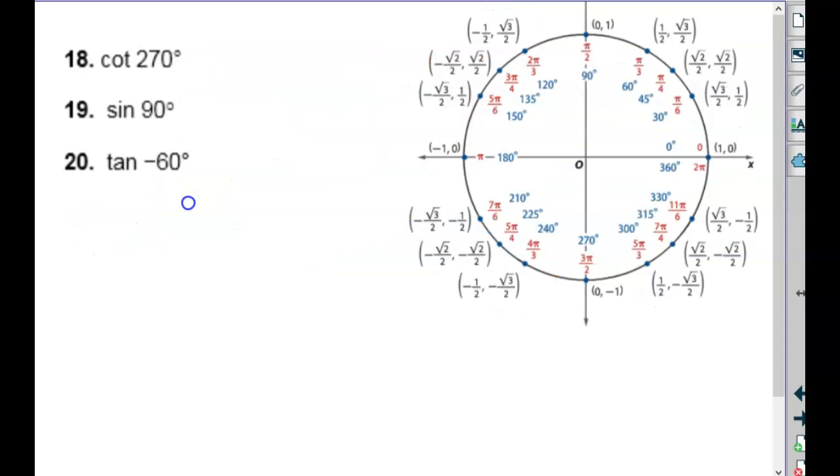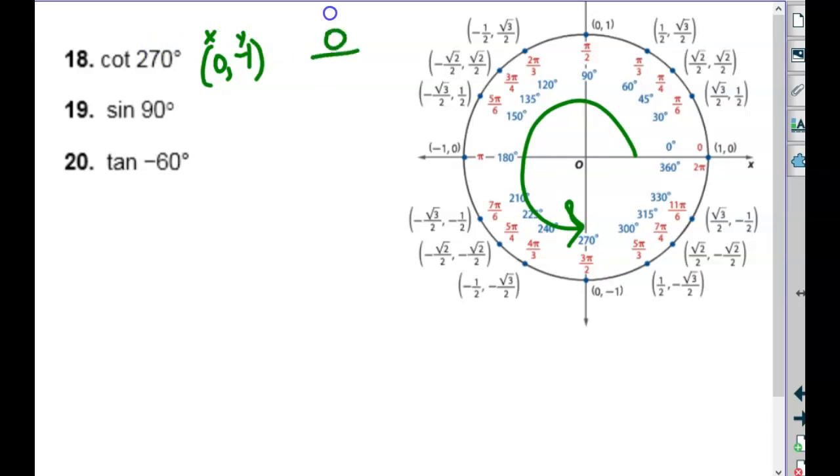Number 18, going down to 270, okay? So the ordered pair is 0, -1. Tangent is y over x, so cotangent is x over y. Is the 0 underneath, so it's undefined? No, when the 0 is on top, it is 0.